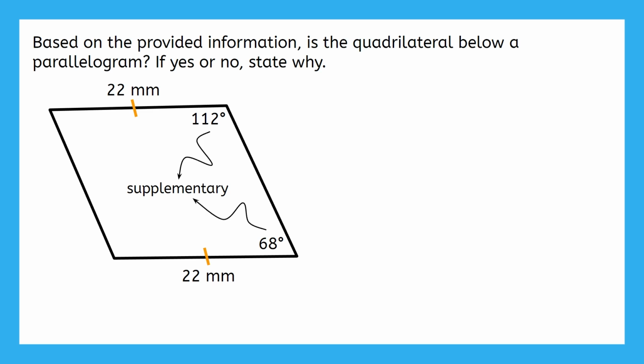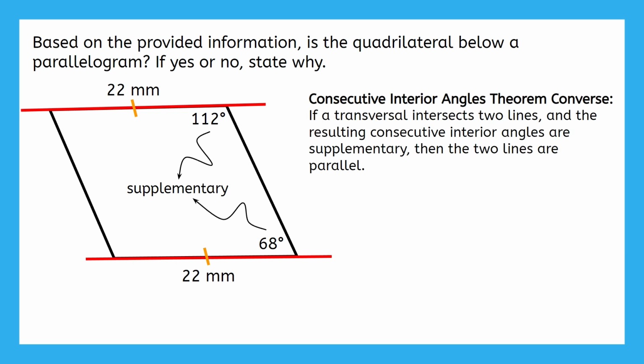These are not just consecutive angles in the parallelogram, but they're consecutive interior angles between these 2 lines. And we learned way back in our parallel lines unit, if the consecutive interior angles between 2 lines are supplementary, then what do I know? The lines are parallel. That's from the consecutive interior angles theorem converse. Pause here to read through this theorem converse and refresh your memory if you need to.